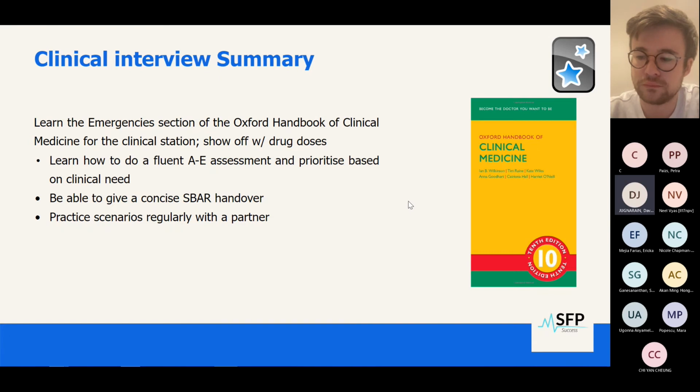It's all blanked out on that, so you can memorize those really effectively.